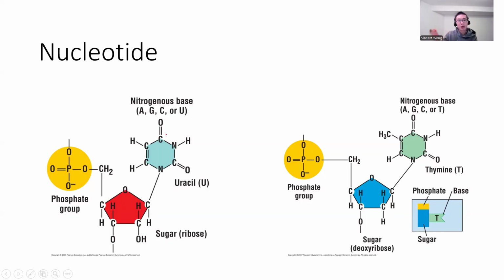Now, depending on whether we are talking about DNA or RNA, the kind of sugar in the nucleotide will be different. For DNA, the sugar is called deoxyribose. For RNA, the sugar is called ribose.